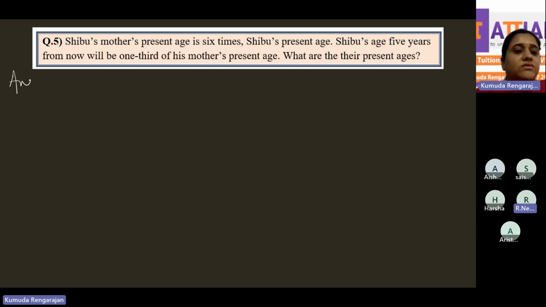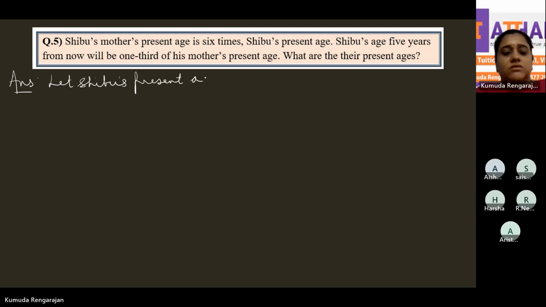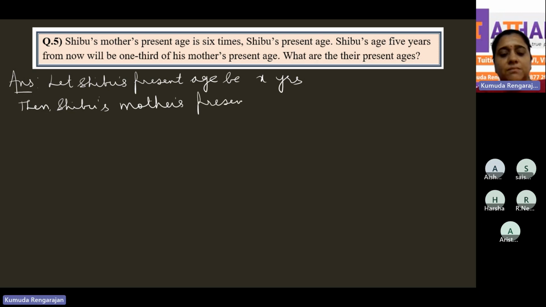Very good. Let Shibu's present age be X years. Then Shibu's mother's present age will be 6x. It's given 6 times, so 6x years.